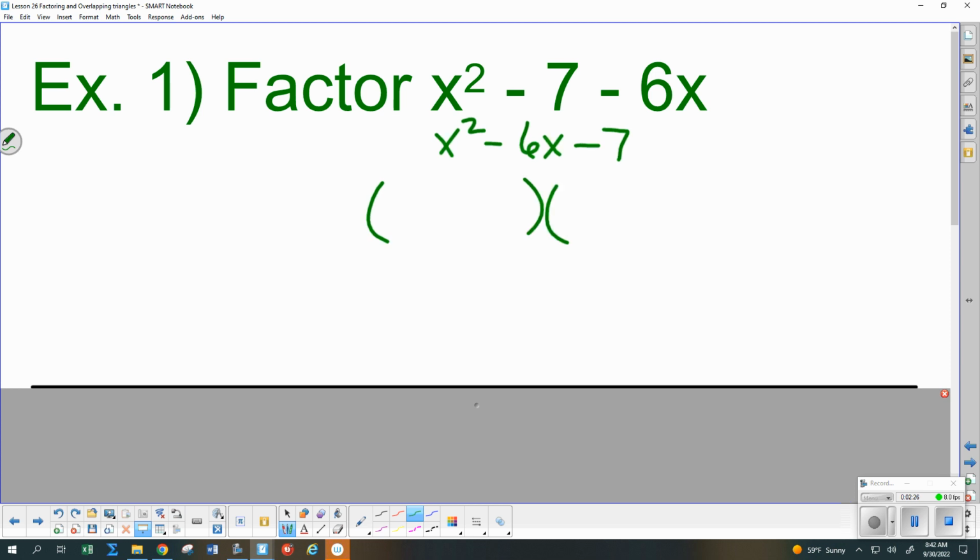We're hoping for two parentheses that each start with x. They need to multiply to be the -7 and add to be the -6. Who can tell me two numbers? Raise your hand when you think of the two numbers that multiply to be -7 and add to be -6. What two numbers do that?